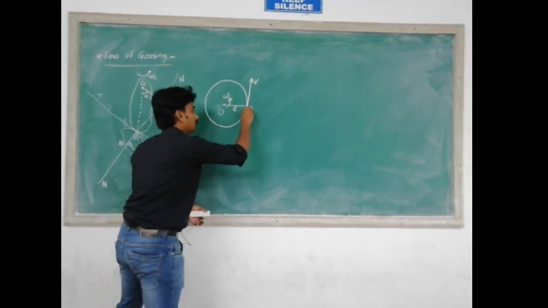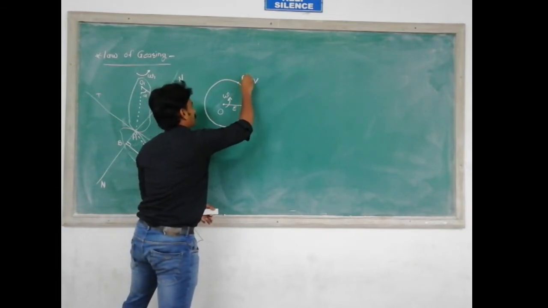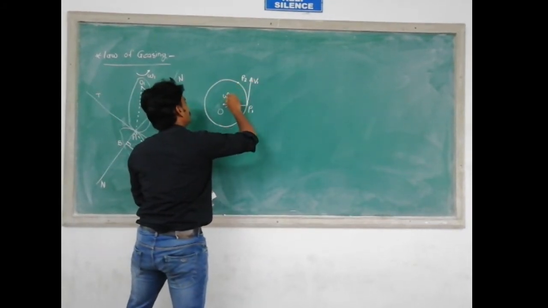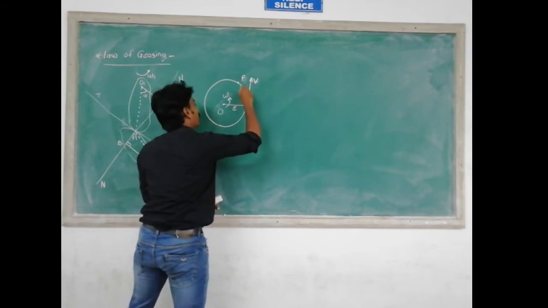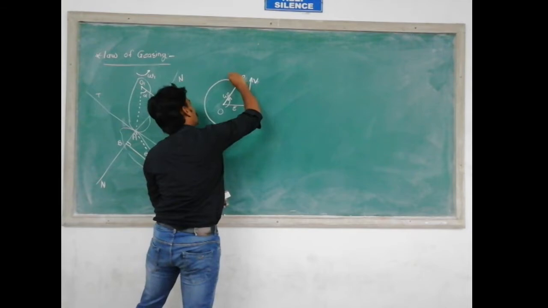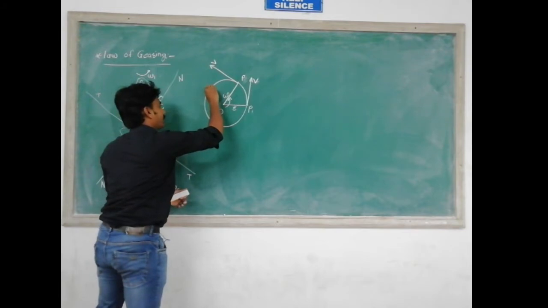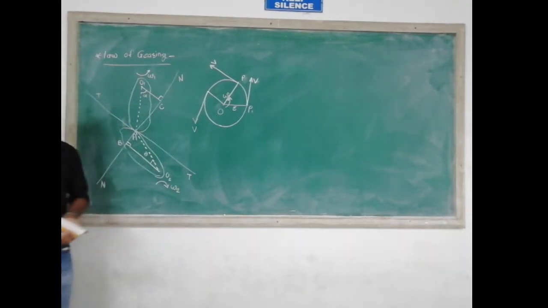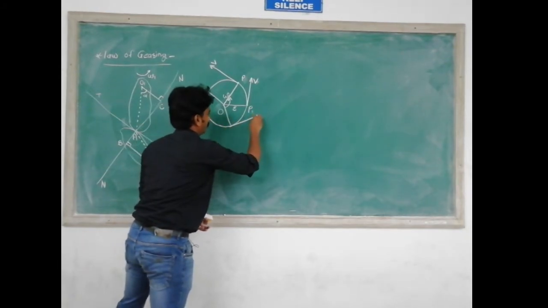If we consider this point at position 1 with velocity V1, and then the point P moves to another position, the direction of the velocity changes accordingly. Similarly, at each position the direction of the velocity is this.